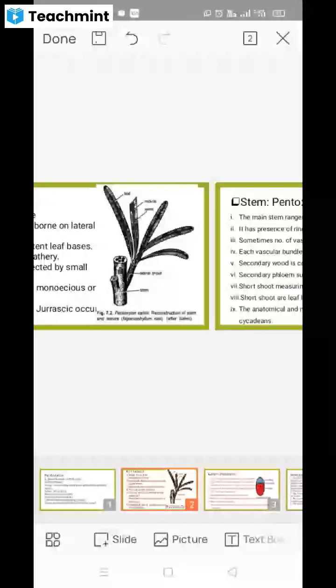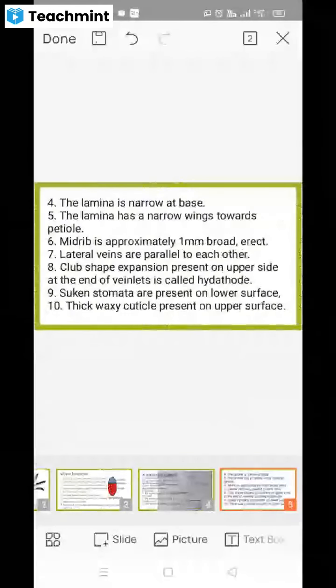Then next, the second specimen we discussed is Nipaniophyllum. So Nipaniophyllum is nothing but the leaf fossil of the pentoxylon. So you have to write about the length and broadness of the leaf. Then leaves are strap shaped, broader at the apex and narrow at the base.